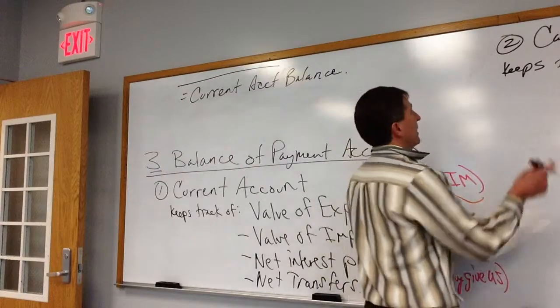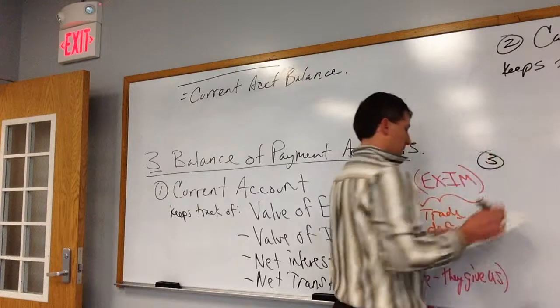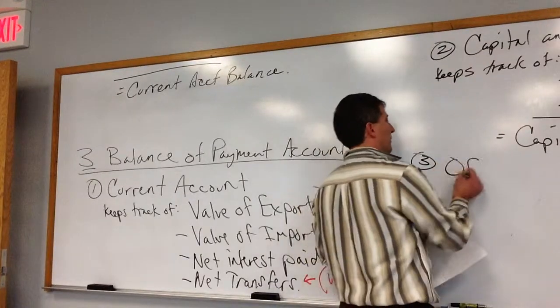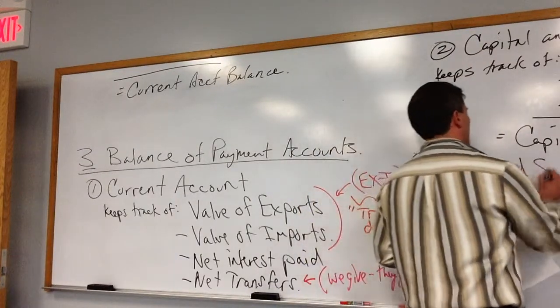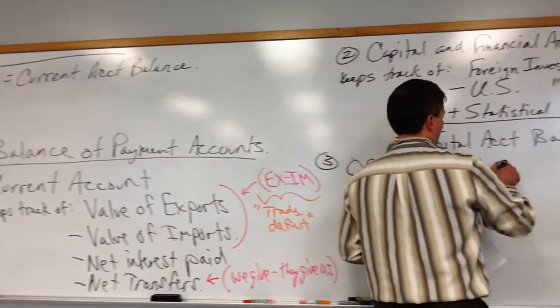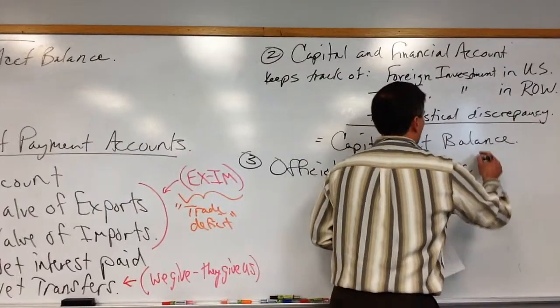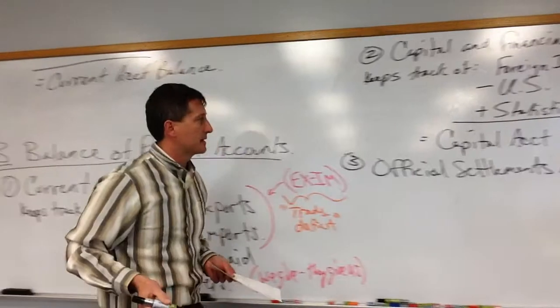And lastly, number 3 is the official settlements account. The official settlements account.